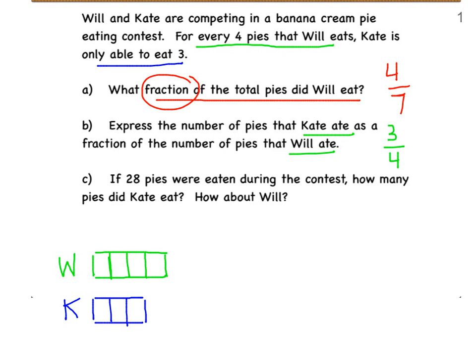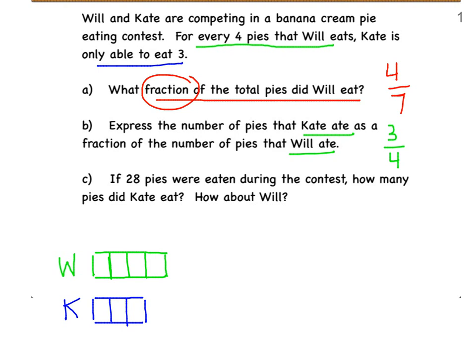Fraction isn't always ratio, and ratio isn't always fraction. Sometimes they can be interchanged. What's important here is that we understand that this number 3/4 represents, let's say if Will ate a certain amount during the contest, Kate will have eaten 3/4 as many. Okay, and then the ratio would be that she eats 3 pies to every 4 pies that Will eats.